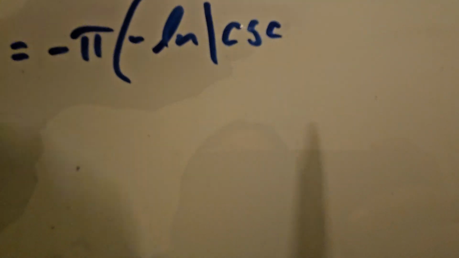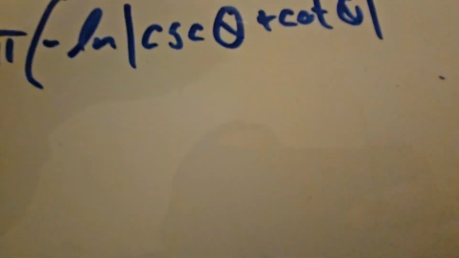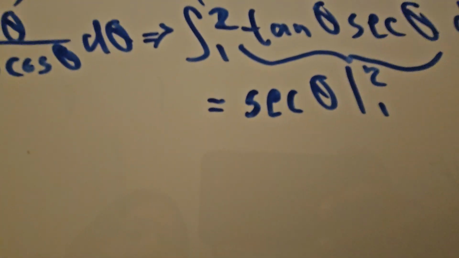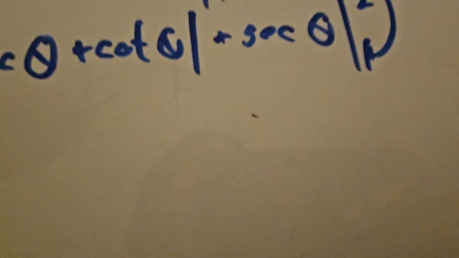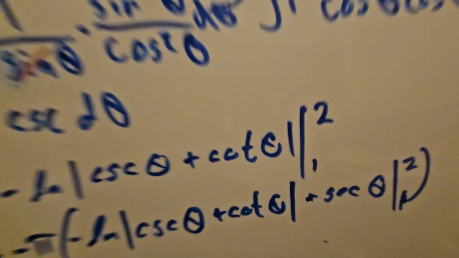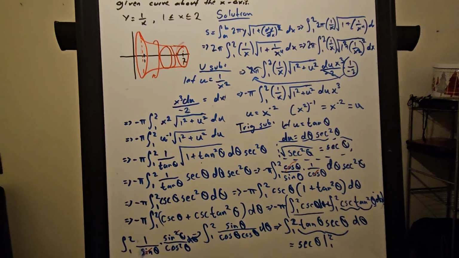Remember, we have the negative pi, always remember that, times negative natural log of the absolute value of cosecant theta plus cotangent theta, close that one, plus secant theta, evaluated from 1 to 2, close parentheses. So that is what we have so far.